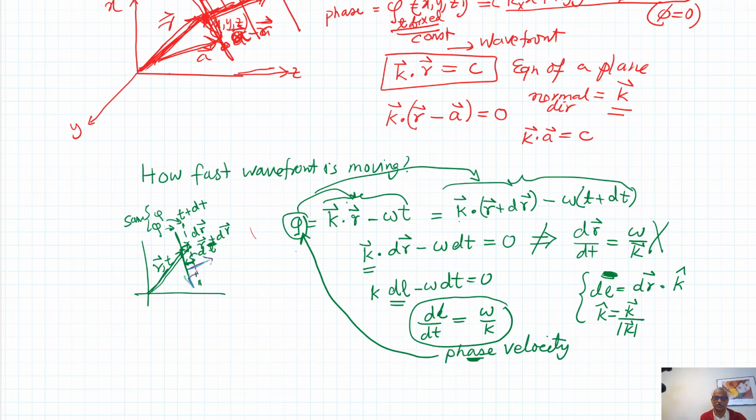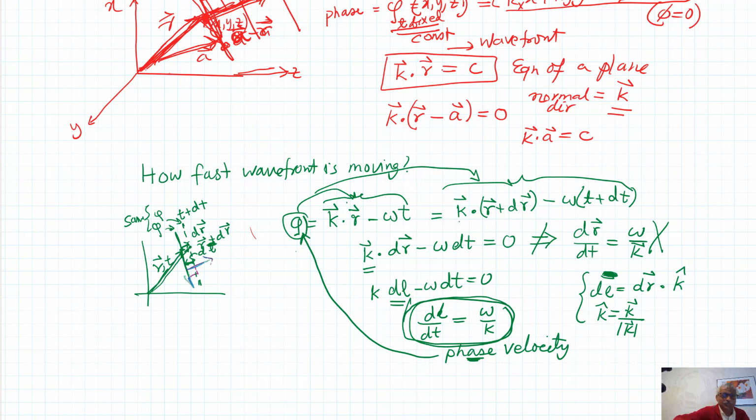So it's the speed at which constant phase points are moving, and so that's the phase velocity.